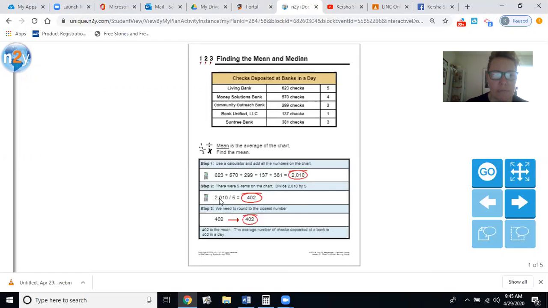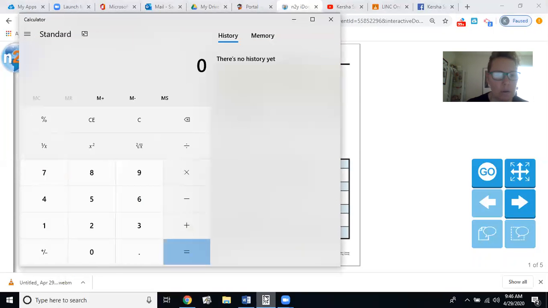Okay, here they did that for you. 2010 divided by 5. And on a calculator, we'll just put 2010. This is the division symbol. Divided by 5 equals 402.